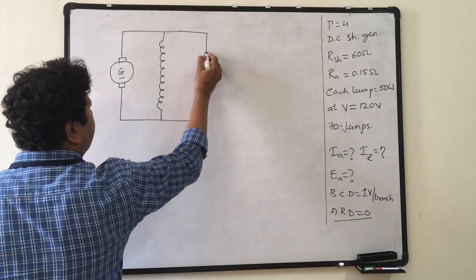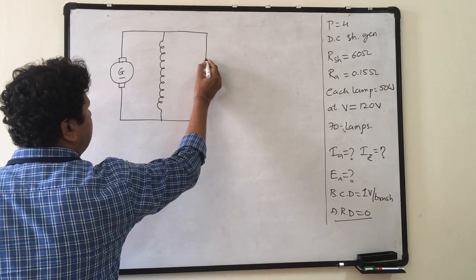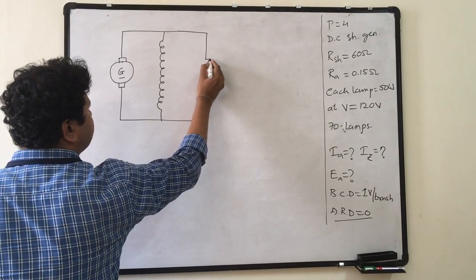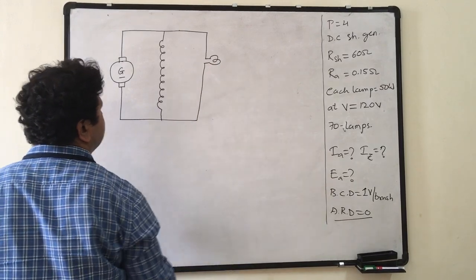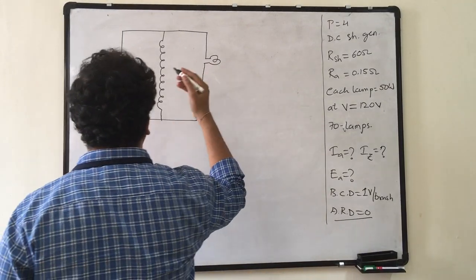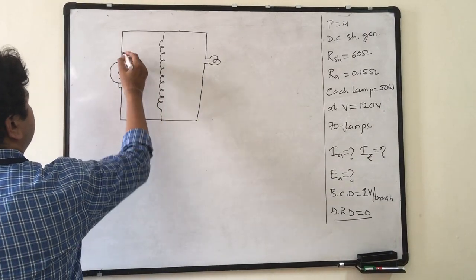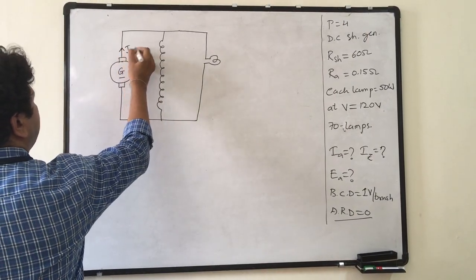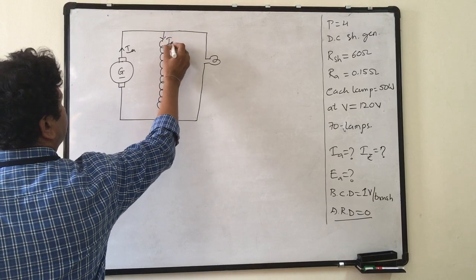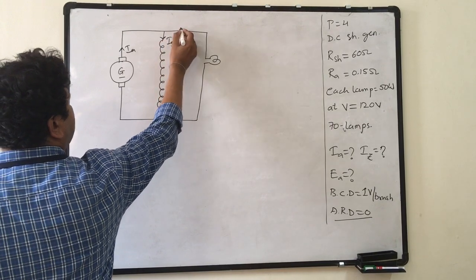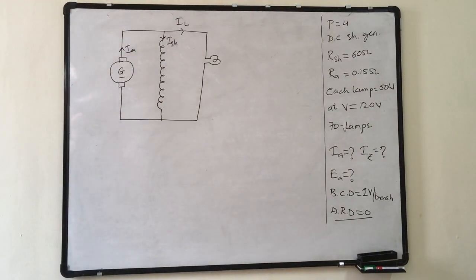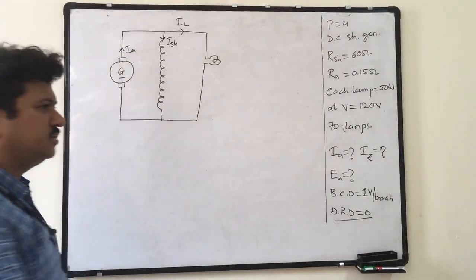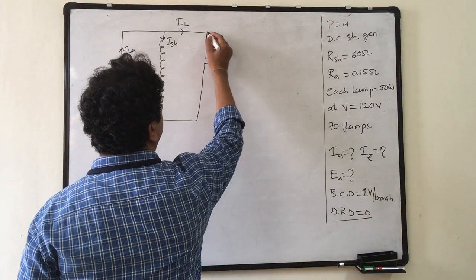I have 70 lamps connected. This is IA, shunt field current ISH, and this is load current IL. Now this is one lamp, and I have such 70 lamps connected.